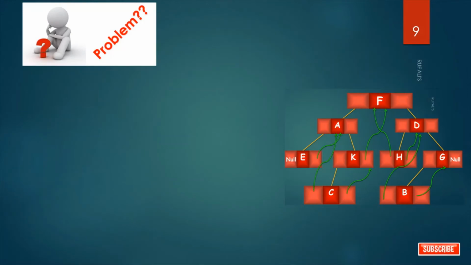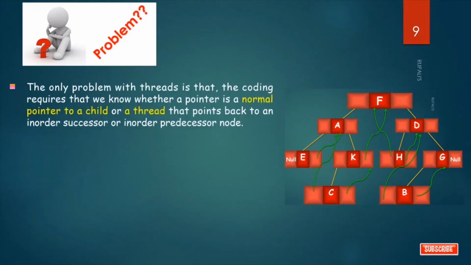There is one problem with threads. The only problem with threads is that the coding requires that we know whether a pointer is a normal pointer to a child or a thread that points back to an in-order successor or in-order predecessor node.